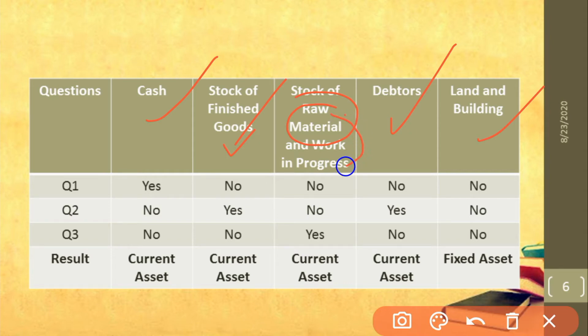After that, this raw material is known as work in progress. Finally, when the goods are ready to be sold, it is known as finished goods.